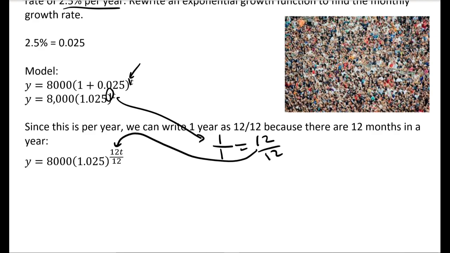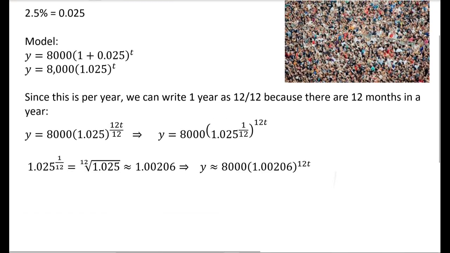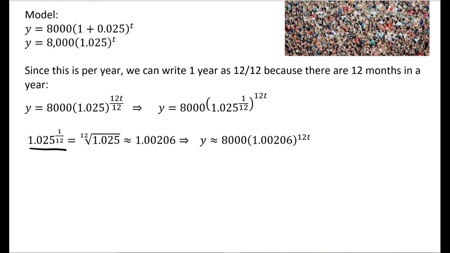And then what we're going to do is we're going to now split the 12 on the bottom, and basically bring it to the 1.025. Now that 12 on the bottom has an invisible 1 on top, so I write it as 1 over 12 power. And then we still got the 12t left over. All right, so now we know that we can calculate what 1.025 to the 1 over 12 power is.